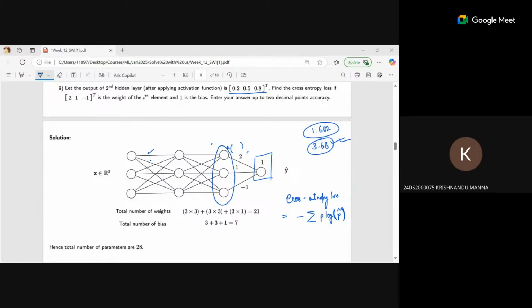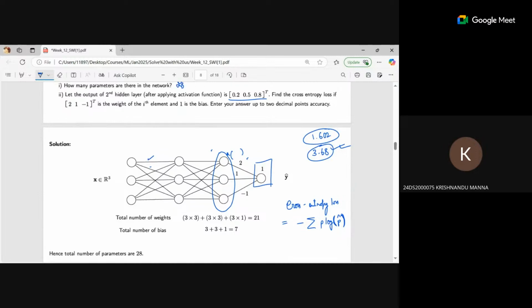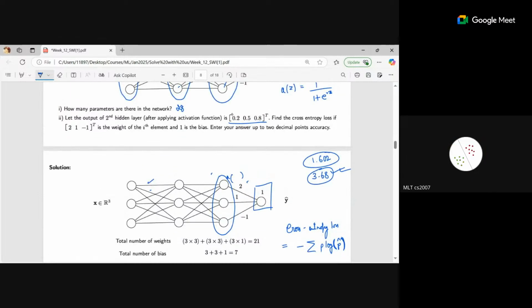So 2 times the natural log of 0.2 plus 1 times the natural log of 0.5, without actually finding the actual output. So added up. Okay.